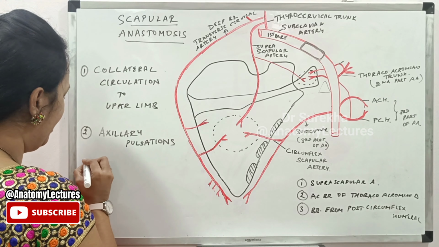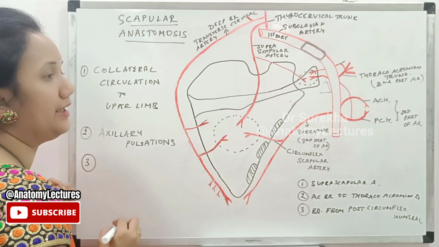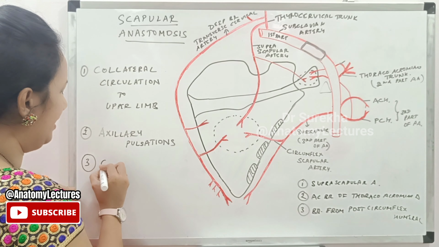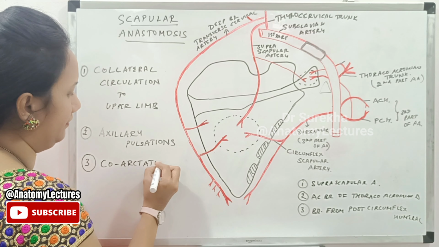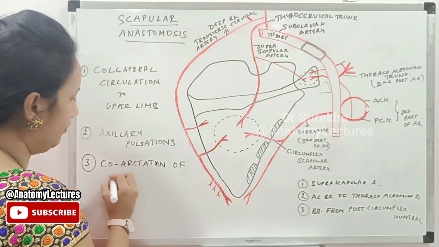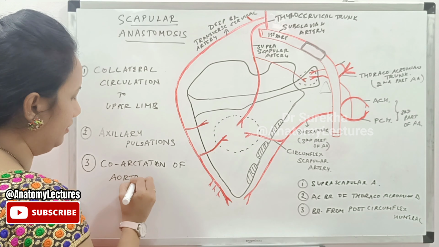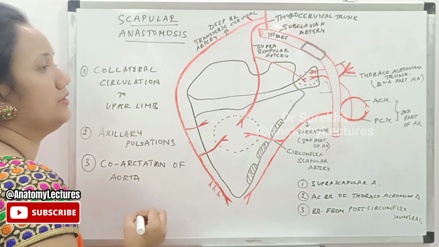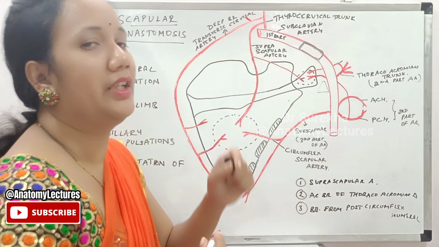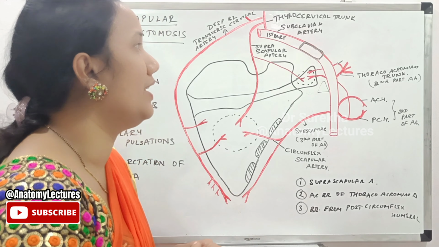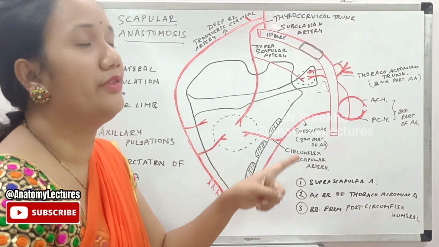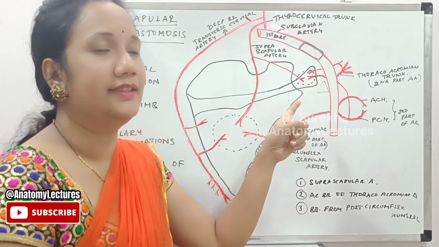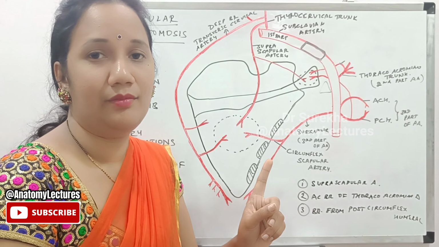axillary artery. And one more important clinical correlation is in a condition which is called coarctation of aorta. So distal to this subclavian artery, what will happen is there will be increased blood flow through this scapular anastomosis.